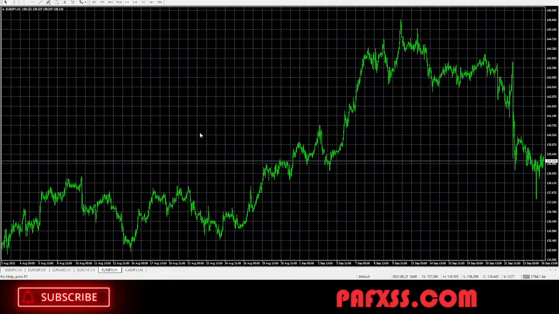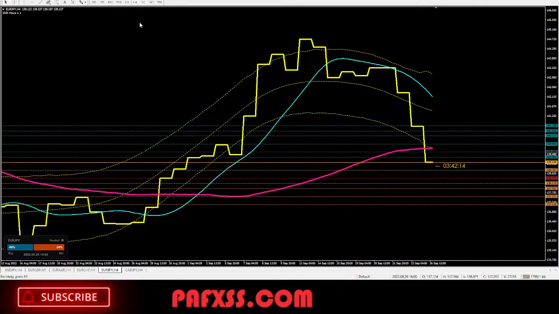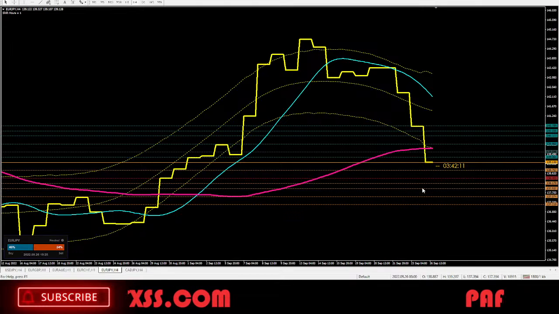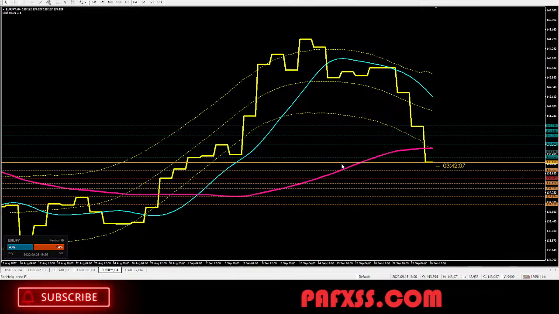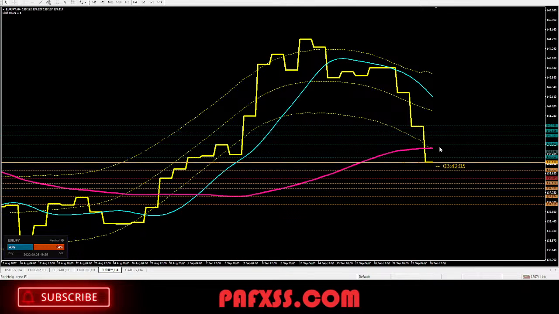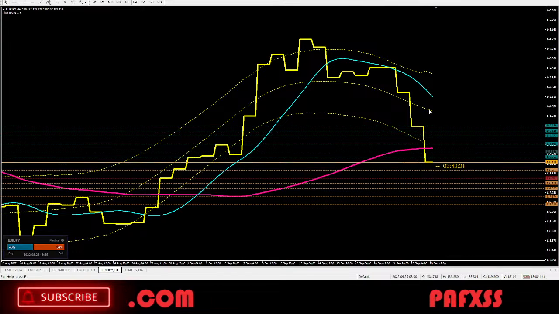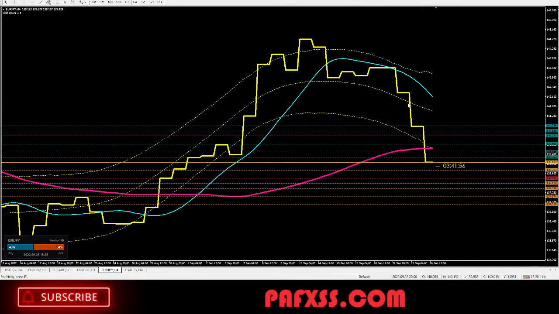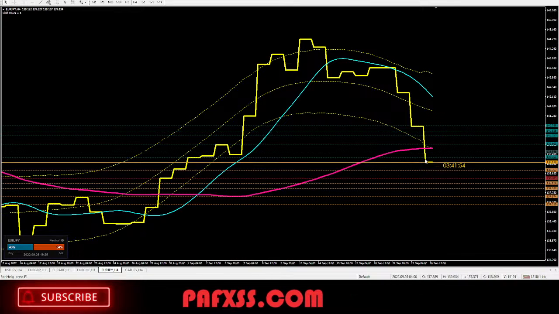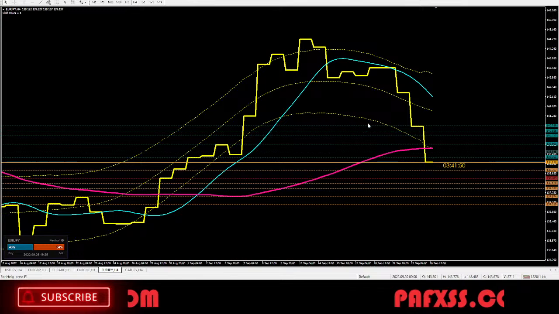This one is Euro JPY. Beautiful. The 200 MA is underneath the middle line channel, and the PA moving average, which stands for pivot action moving average, is crossing over the bottom line channel.